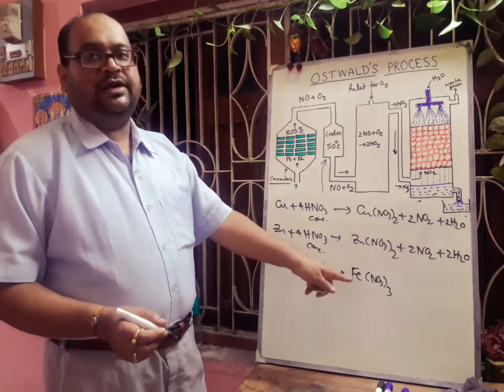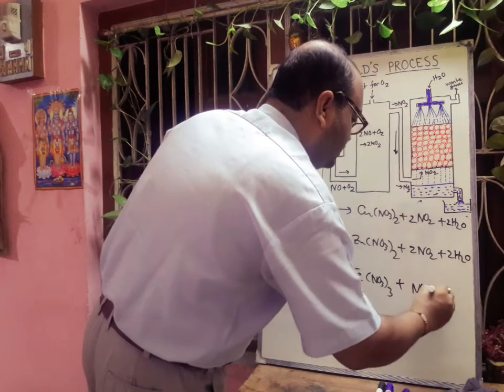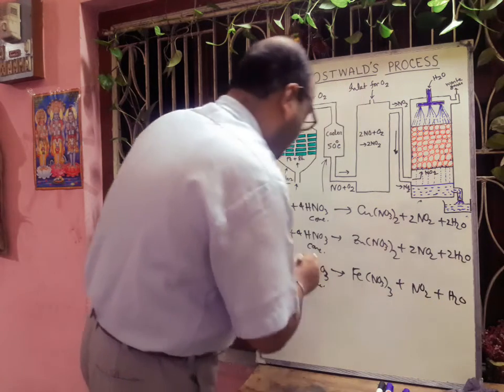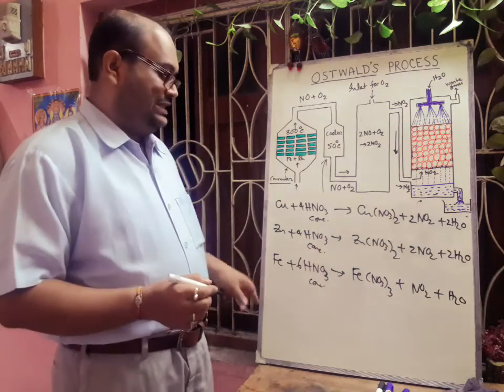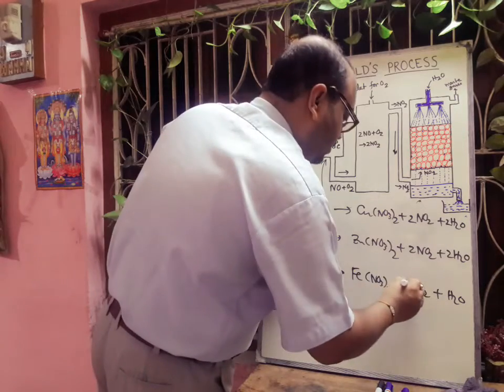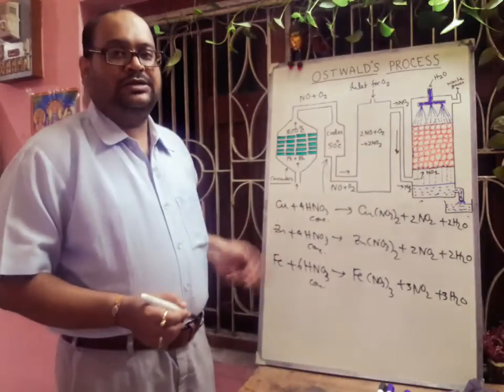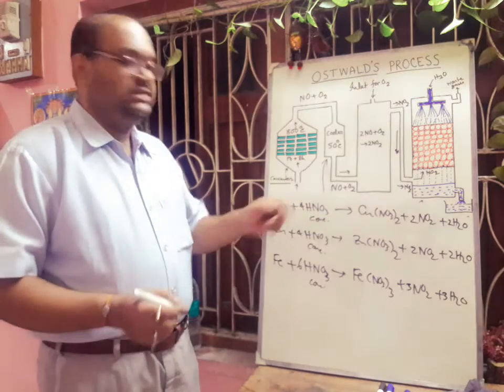So finally we will get the ferric state and there will be also formation of NO2 gas plus water. Now if we want to balance it, so 6HNO3 is required and the 3NO2 will be here and 3H2O will be here. So in this way concentrated nitric acid will oxidize these metals.